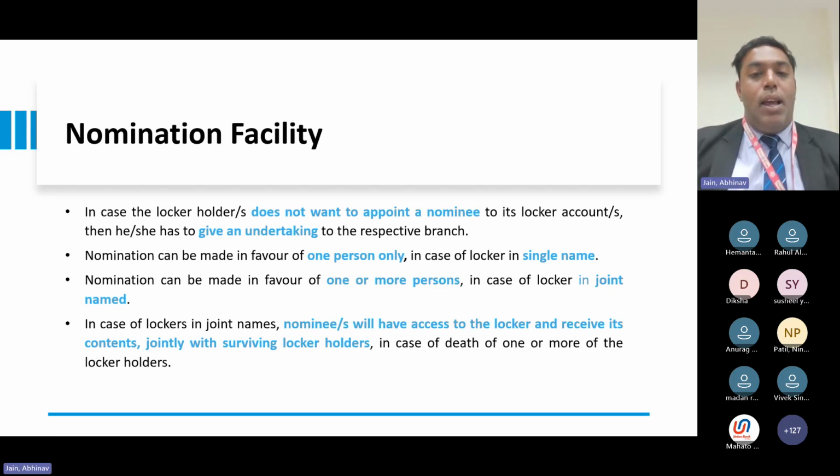Suppose A and B are locker holders and A dies. The nominee along with B will have to receive the content of the locker by operating the locker jointly. Please do remember this. This can be a probable question. Some case study might be given of 2 lines asking who will be the final beneficiary of the locker content.